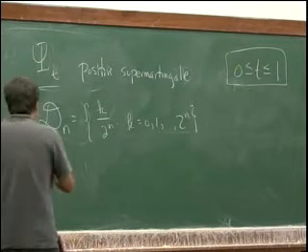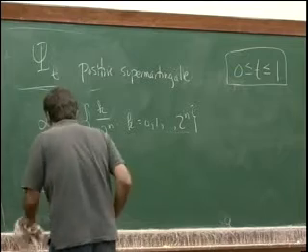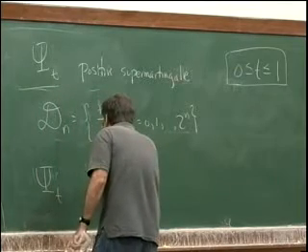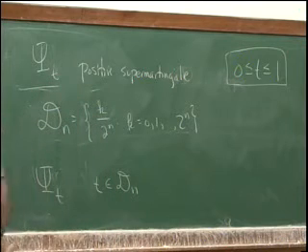And for a moment, let's look at this positive supermartingale just as a discrete time supermartingale with t in D_n.